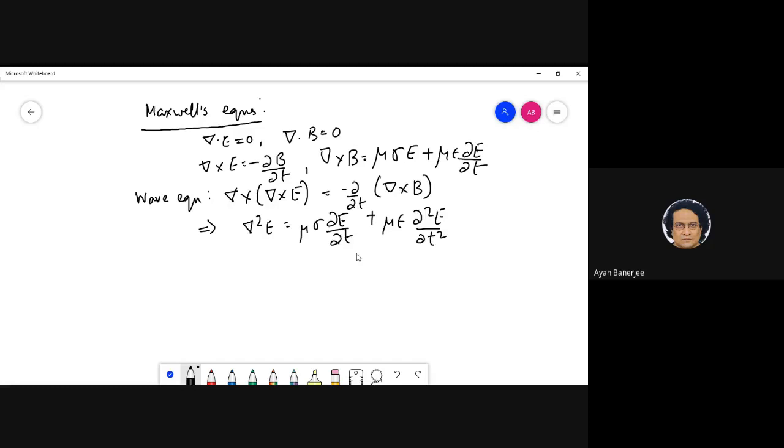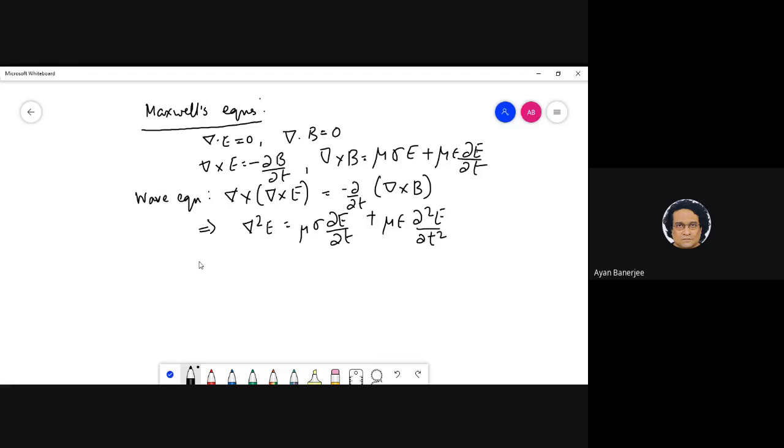You can see that the wave equation itself has been modified, and that is only because of the presence of this large sigma. If sigma were small, we would get back the old wave equation for dielectrics.